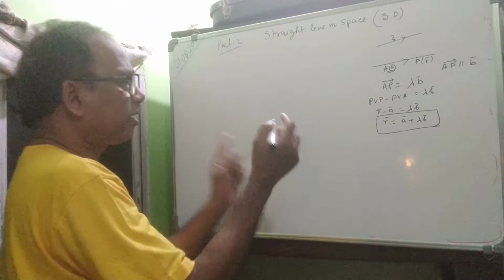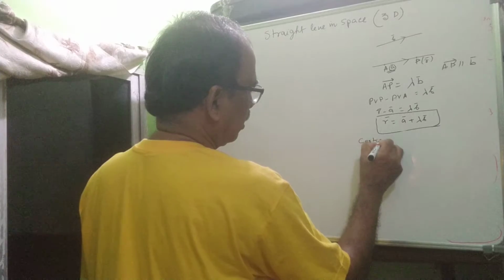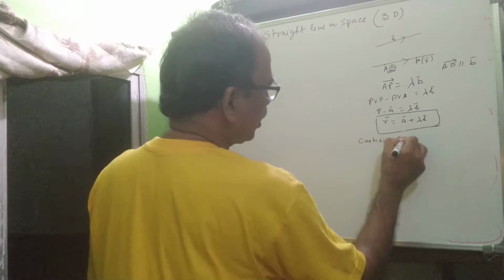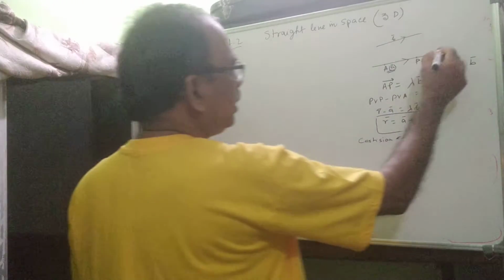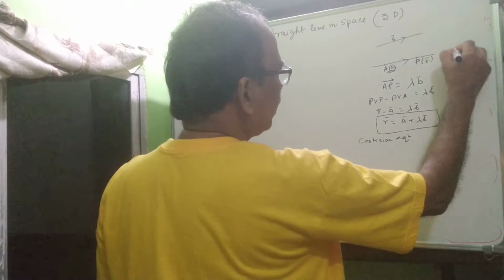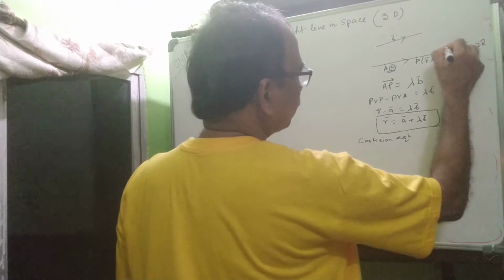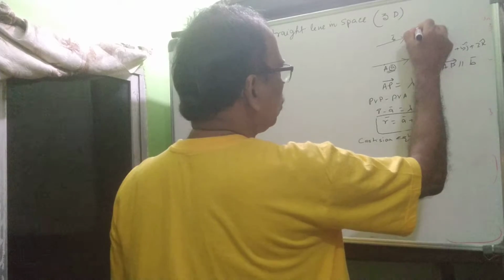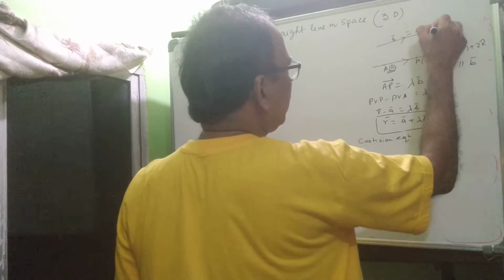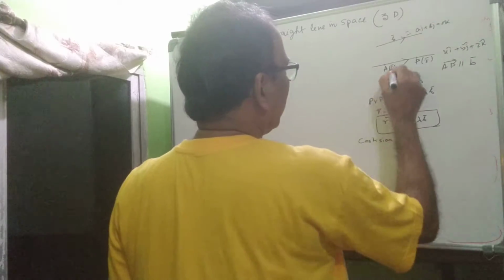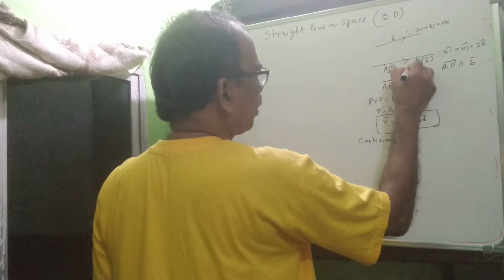Now you can construct the Cartesian equation from the vector equation. Here R equals xi plus yj plus zk, and B equals ai plus bj plus ck, and A is the point x1, y1, z1.